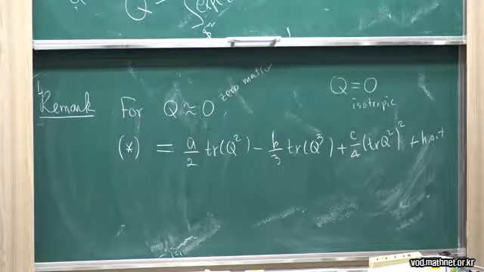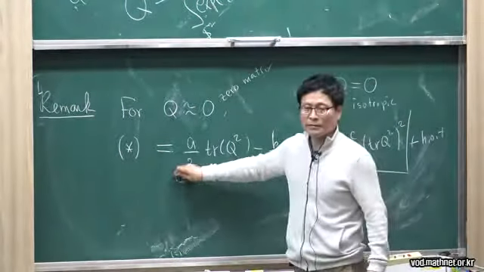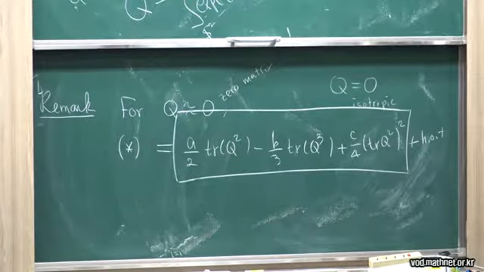So when you study the Landau-de Gennes theory near the phase transition from isotropic to liquid crystal, using this energy is enough.